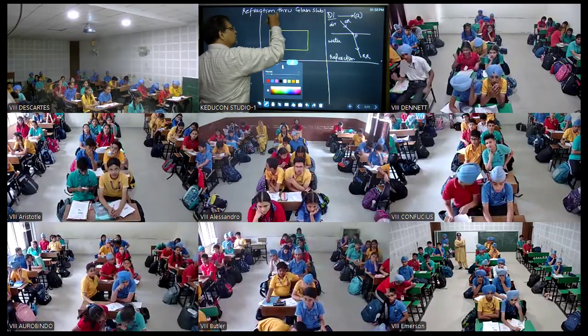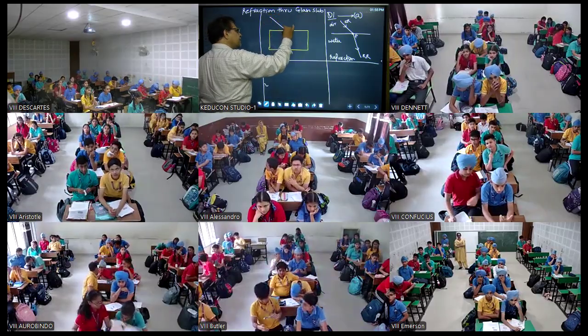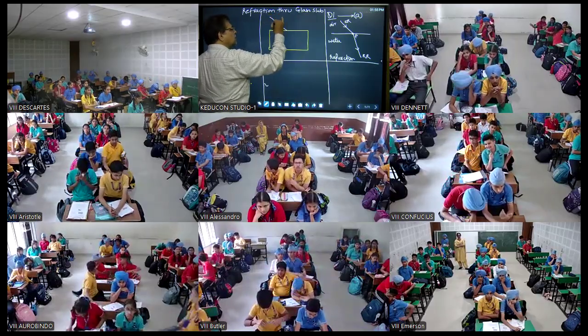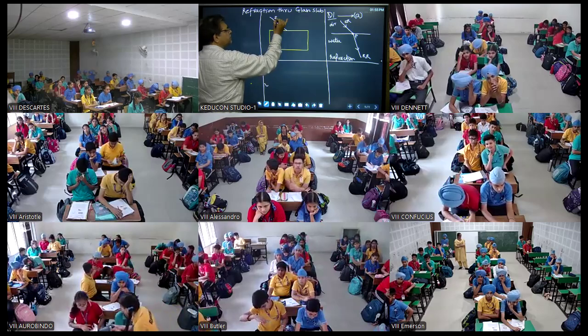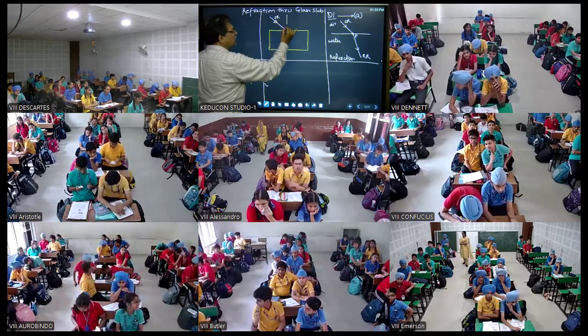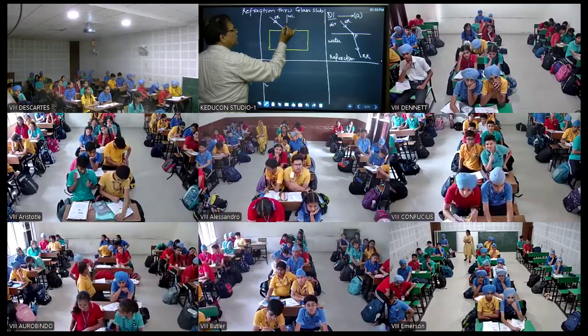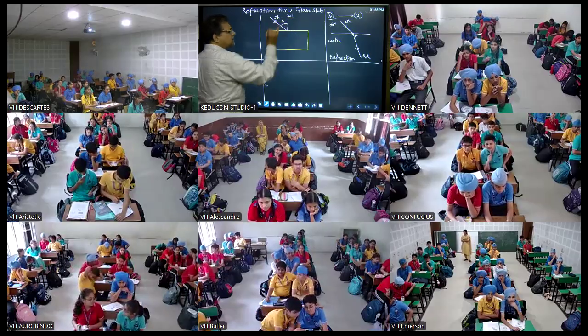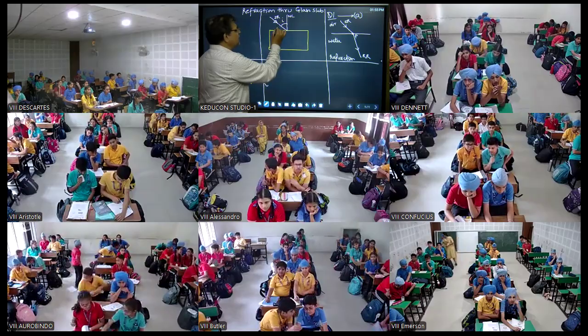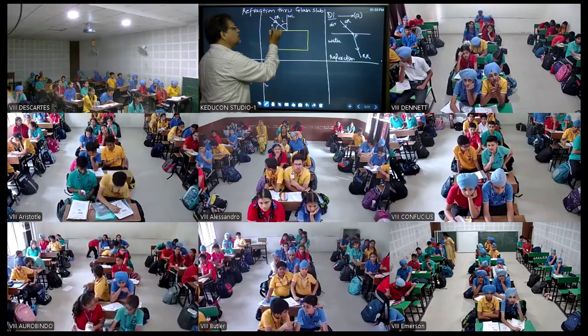Ray of light is being thrown. Incident ray. And here I am drawing the normal. This particular angle is called angle of incidence. This particular angle is known as angle of glass.